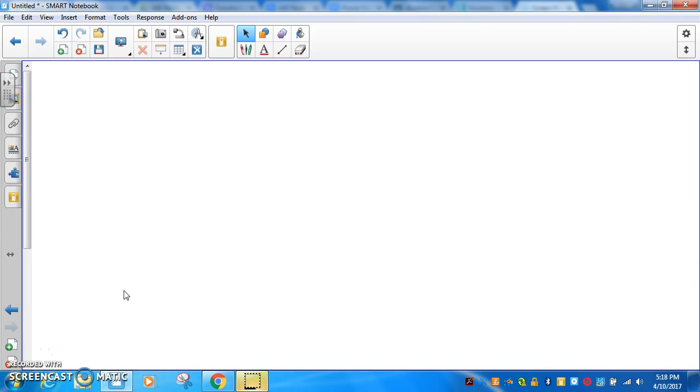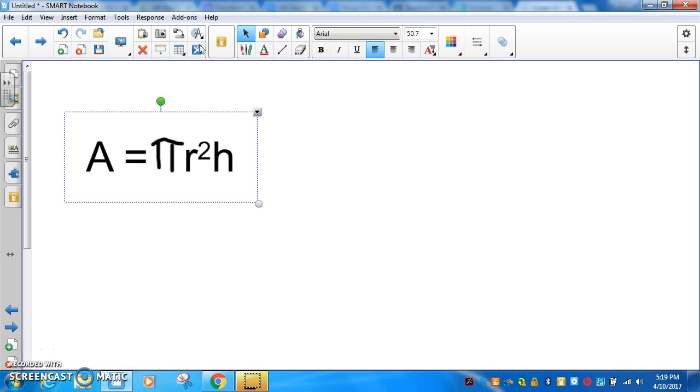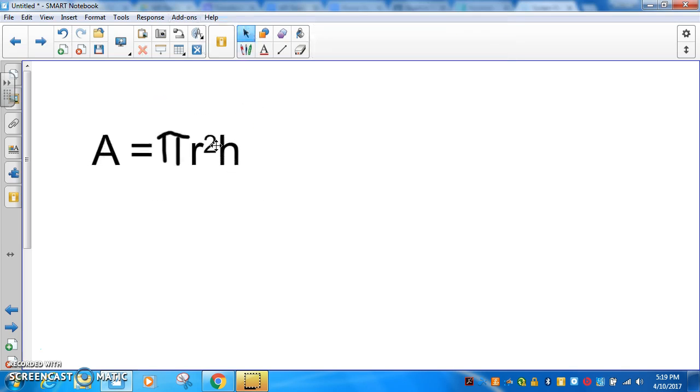I do want to point out that problems 6 through 8 are quite a bit more challenging than the first 5 problems. Reason being, I now have multiple variables. To give you a quick example of this, let's take a look at the formula for the area of a circle.